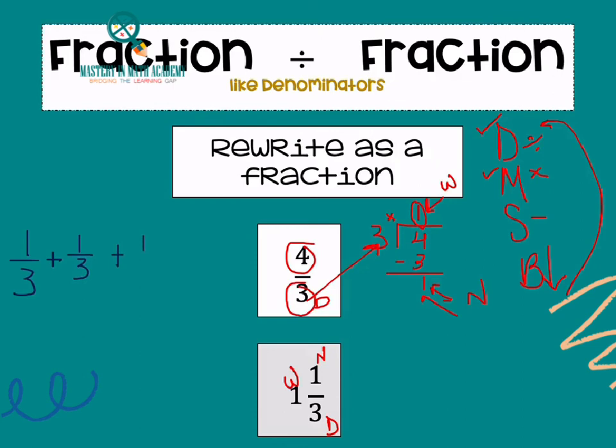So let's write it out. You have 1/3 plus 1/3 plus 1/3 plus 1/3. Add all of these, you can see that it's equal to our 4/3, because 1 plus 1 is equal to 2, 2 plus 1 is equal to 3, 3 plus 1 is equal to 4.